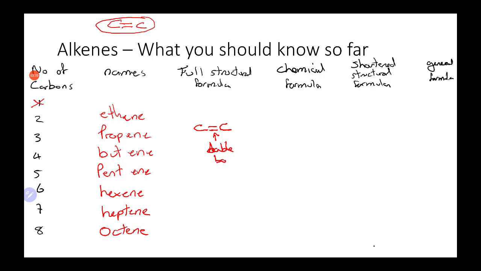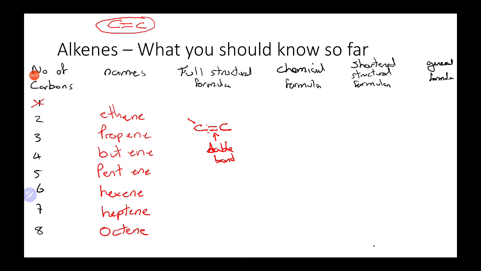Now, we've then got to add in our hydrogens, just like we did with the alkanes. We've got to bear in mind that carbon can only form 4 bonds. Now, let's have a look and see how many bonds are already on that first carbon. Well, we've got 1 there and 1 there, so it's already got 2 bonds on it, which means it can only take another 2.